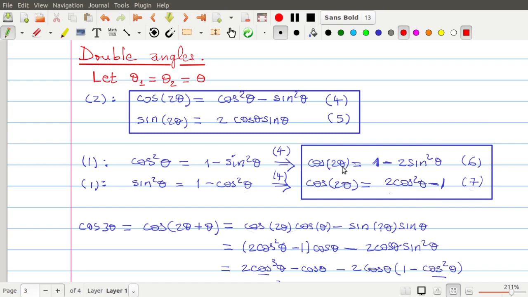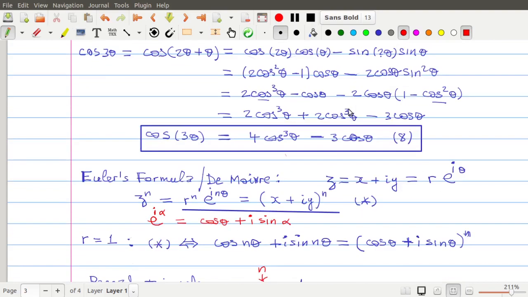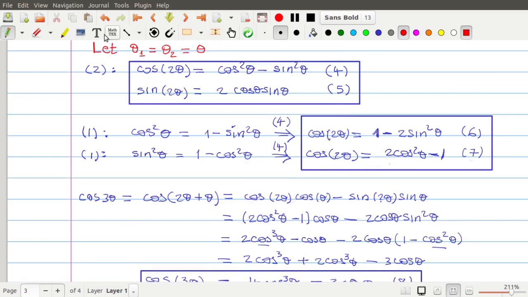If you substitute, for instance, theta equal to theta by 2, here we have theta by 2 in the right hand side, and therefore from there we can compute the cosine and the sine of the half angle. So I will copy this, and we will take it from there.